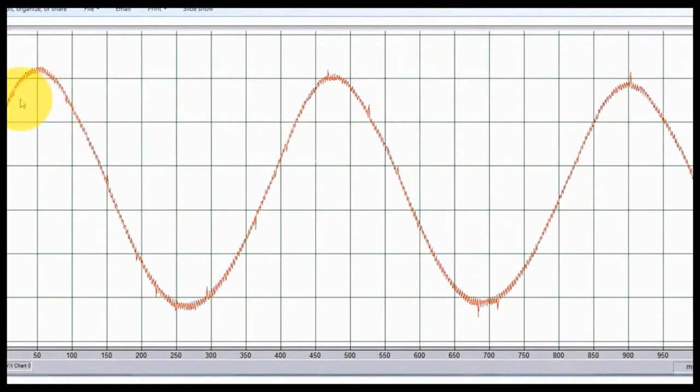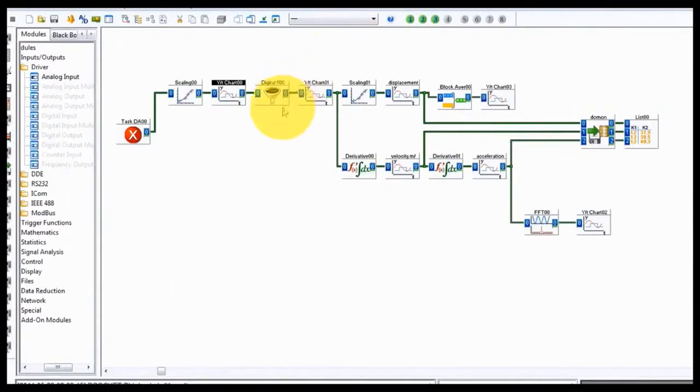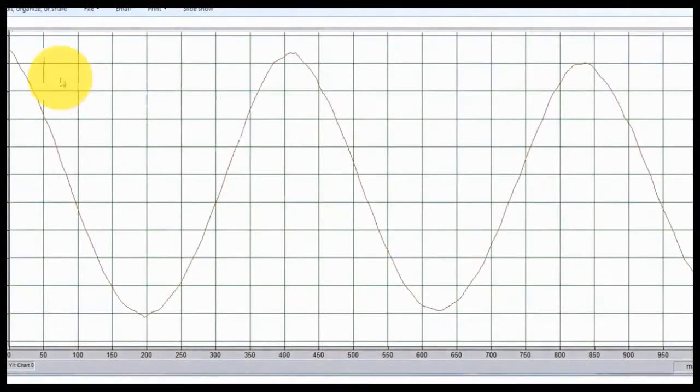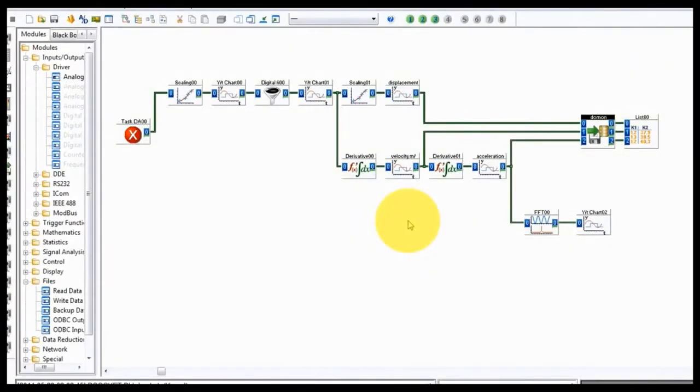We can see here the graph is a little bit rough. To overcome that, we need to use a digital filter. Then the graph will become smooth. Now we are finished with the displacement, so we need to save the data in Microsoft Excel.